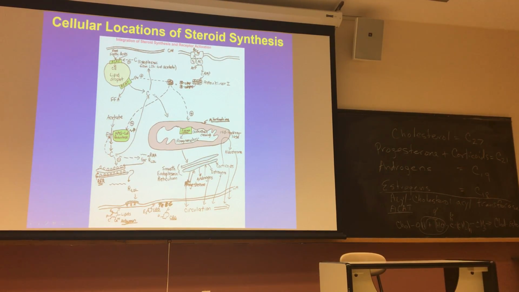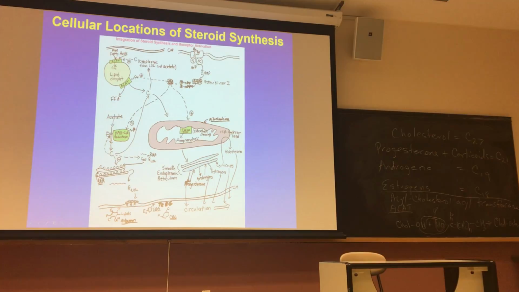Now, it turns out that the first step in steroidogenesis takes place on the inner membrane of the mitochondria. This is where the C20,22 lyase or side chain cleavage enzyme is localized.